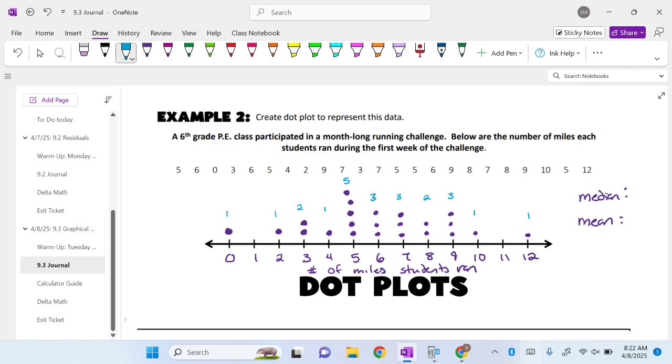All right. So if you took the median, what did you guys get? It'll be 6.